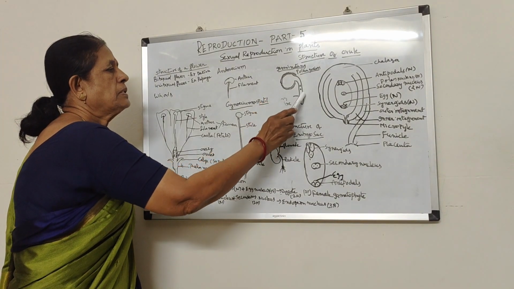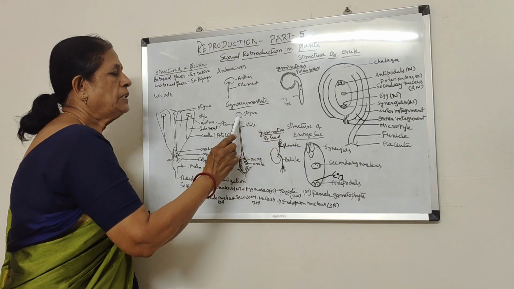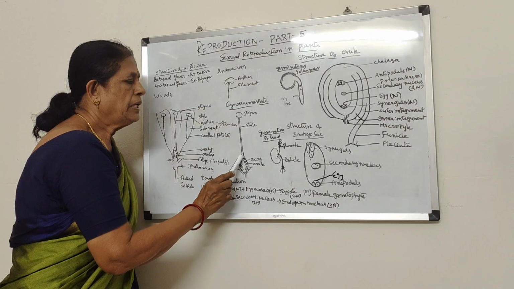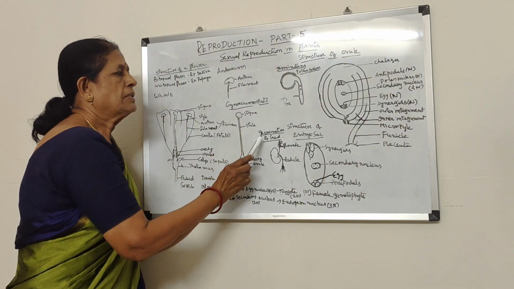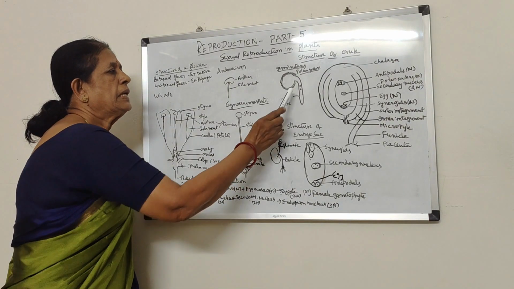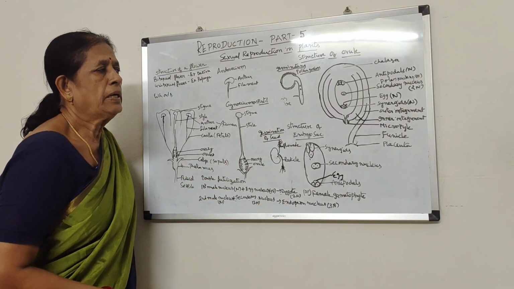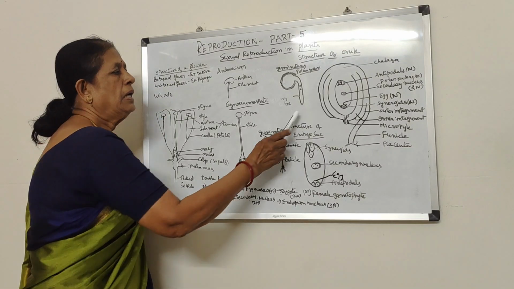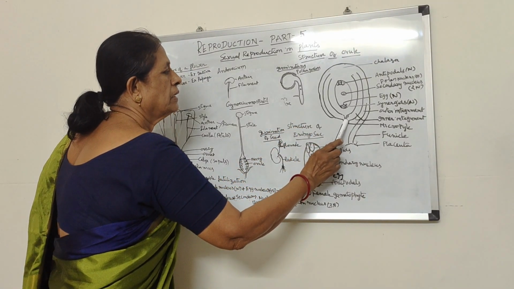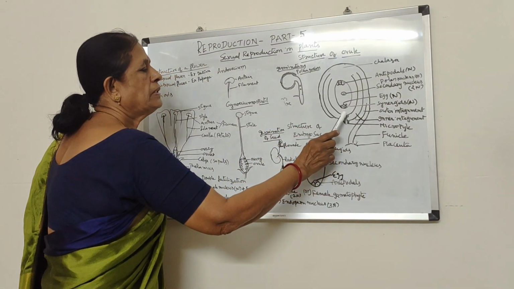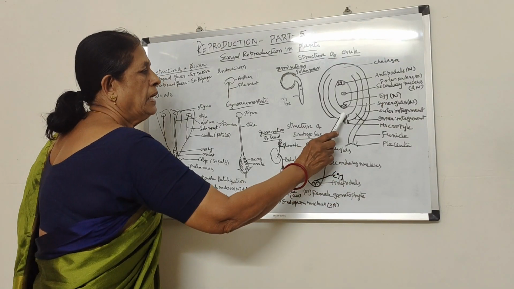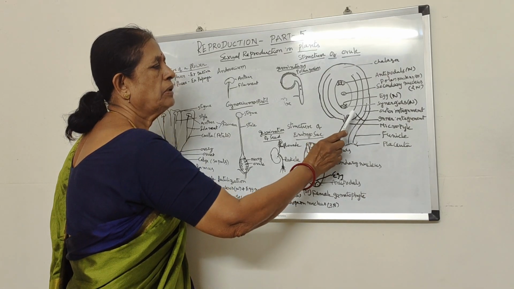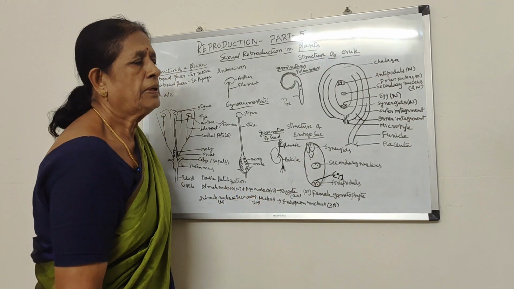This pollen tube passes through the style. While it is passing through the style, the nucleus in the pollen grain divides into two nuclei, forming two male nuclei. Now the pollen tube enters into the ovule through the opening which is called micropyle, and here the synergids, which are beside the egg nucleus, help in the process of fertilization.